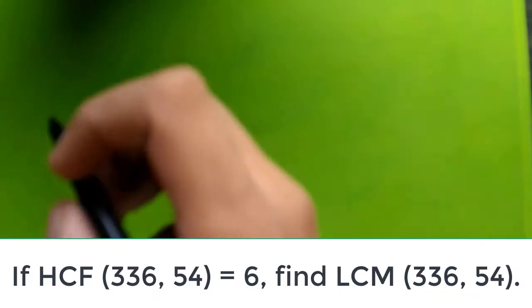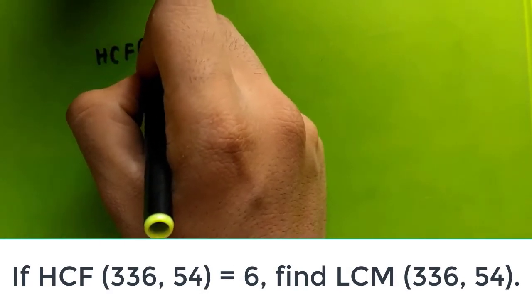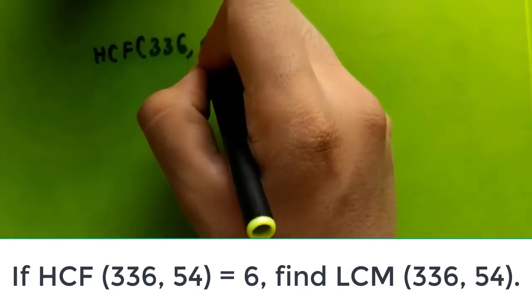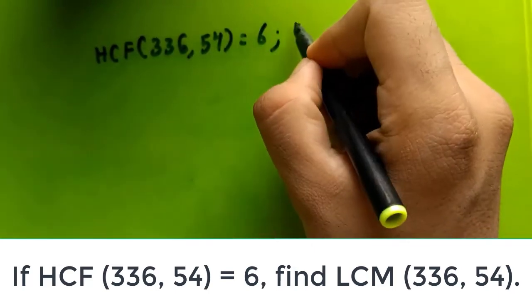Of 2019. Let's start. First question of section A is: if HCF of 336 and 54 is equal to 6, then find the LCM.